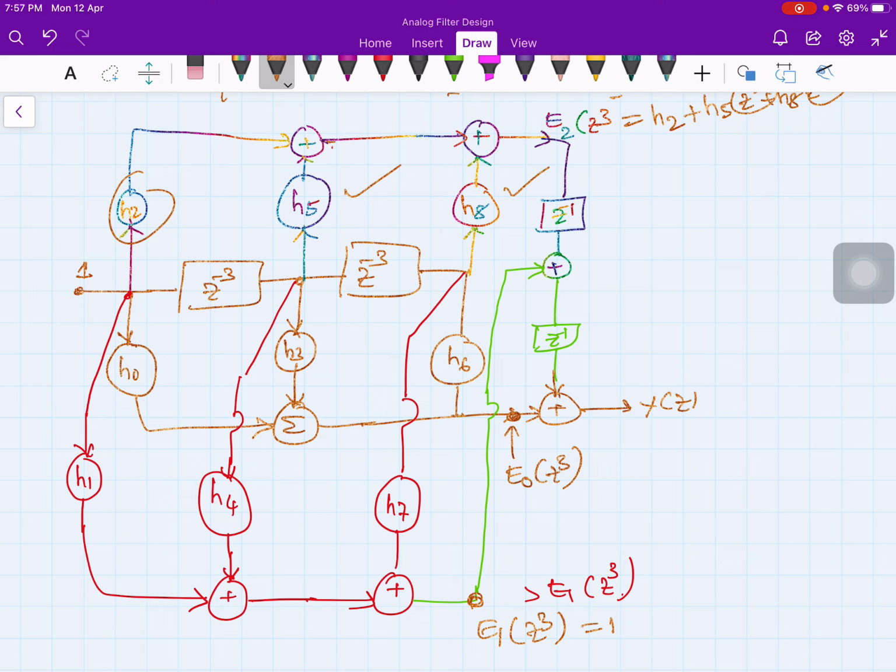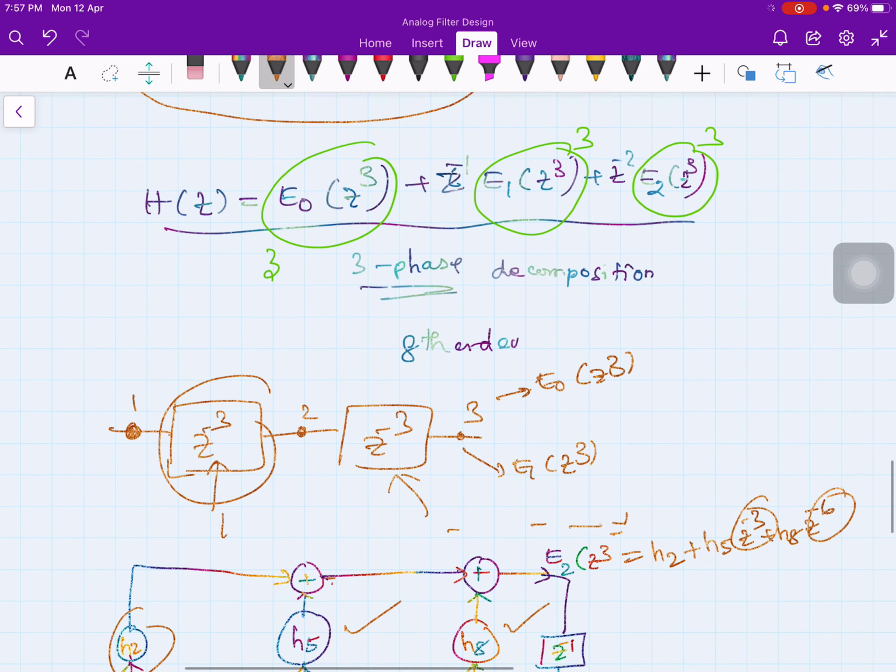This is h1 plus h4 z^-3 plus h7 z^-6. So exactly this red line realizes this expression. And E0(z^3) is h0 plus h3 z^-3 plus h6 z^-6.